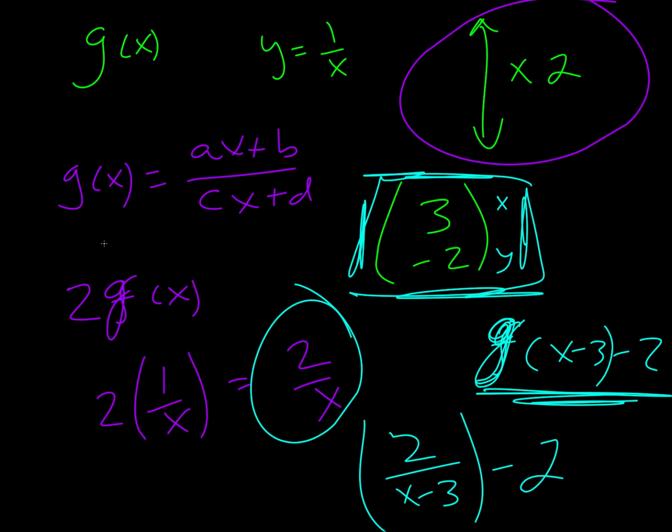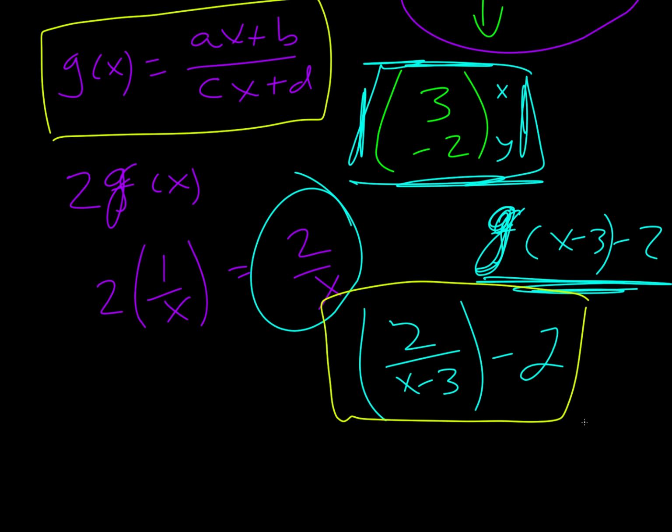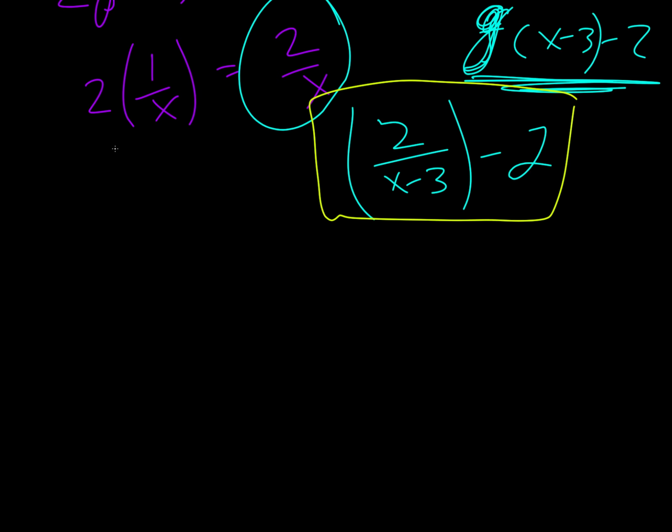Now, we need to get it into this form, which it isn't. So we need to get common denominators. So we have 2 over x minus 3. And if we think of this like it's 2 over 1, we just do x minus 3 times x minus 3.